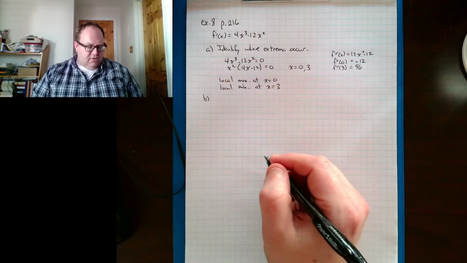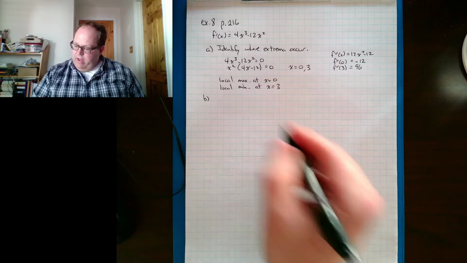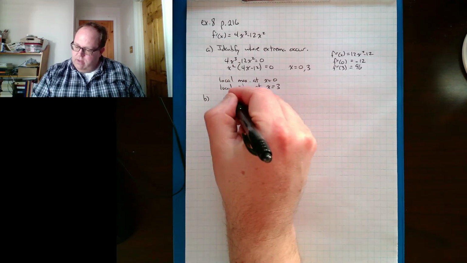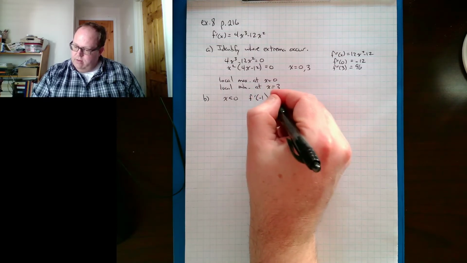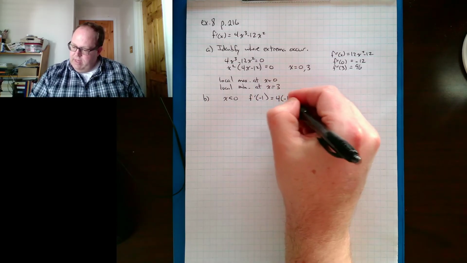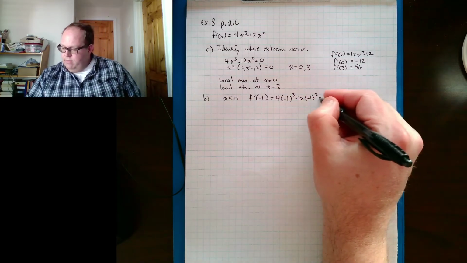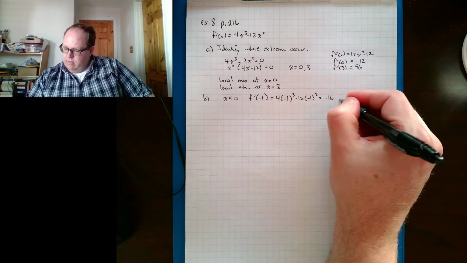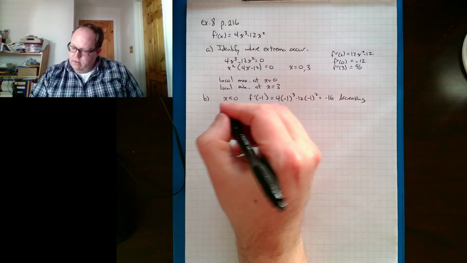Part B asks for the intervals of increase and the intervals of decrease. So then I'm going to check some values. For x less than 0, if I find f prime at negative 1, I get 4 times negative 1 cubed minus 12 times negative 1 squared, which is negative 4 minus 12, negative 16. Decreasing in that interval.